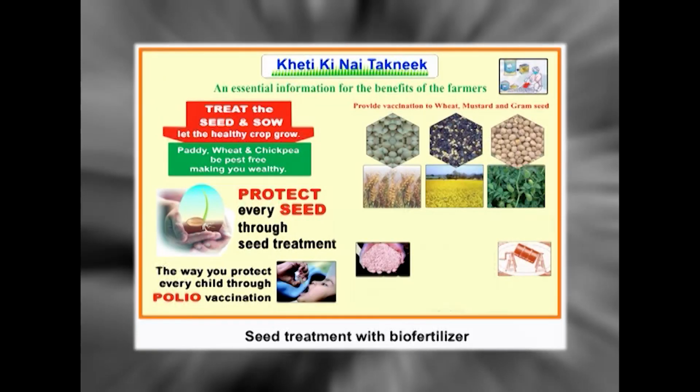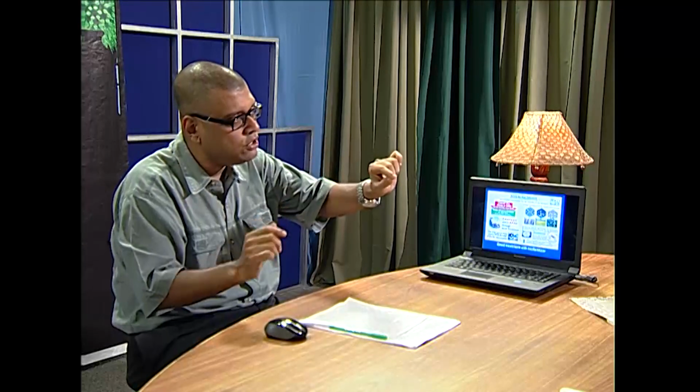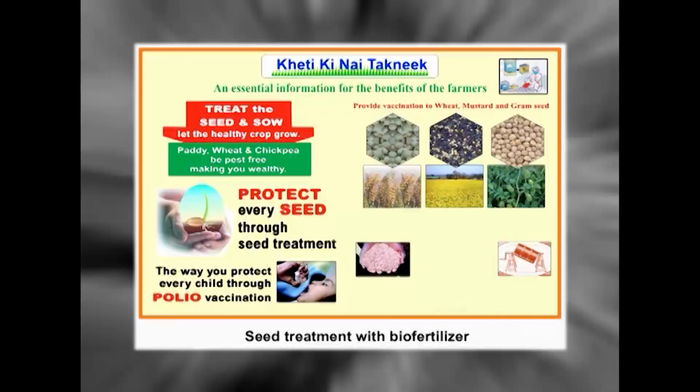They can be used as seed treatment. By applying liquid biofertilizer on the seed, you are enabling the seed to be protected from other pathogenic organisms, and at the same time you are providing nitrogen to the seed, so the seed will grow faster. So it is an easy way of protecting the plant and at the same time ensuring its faster growth.